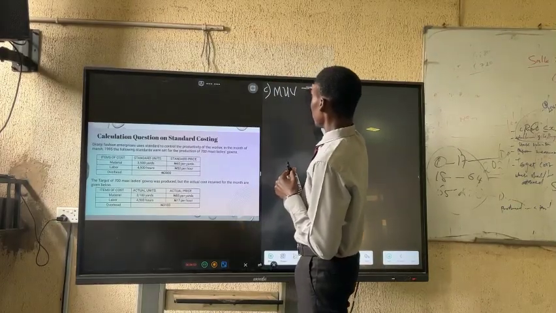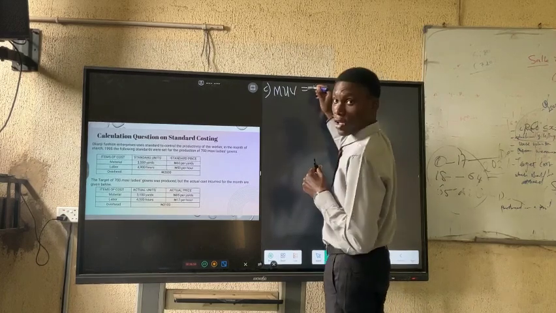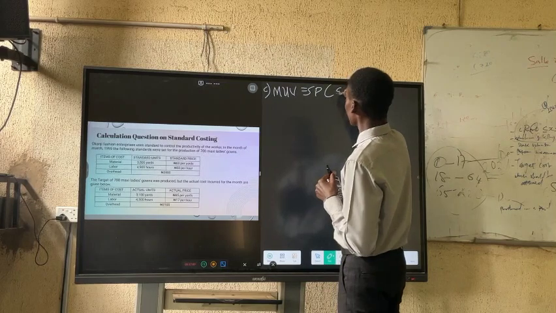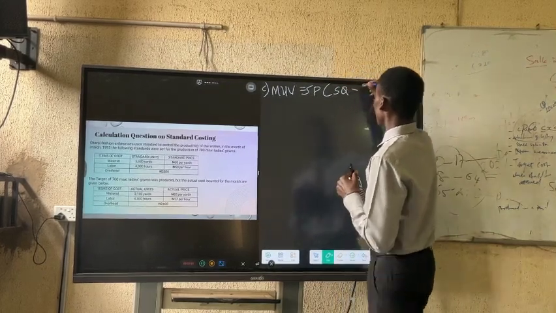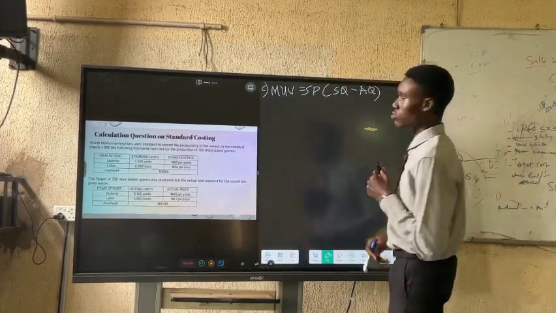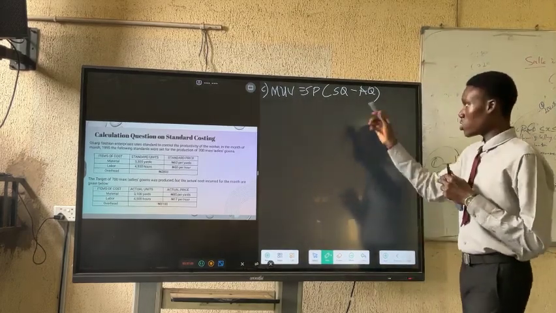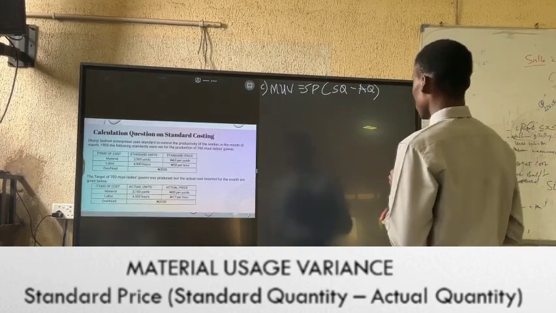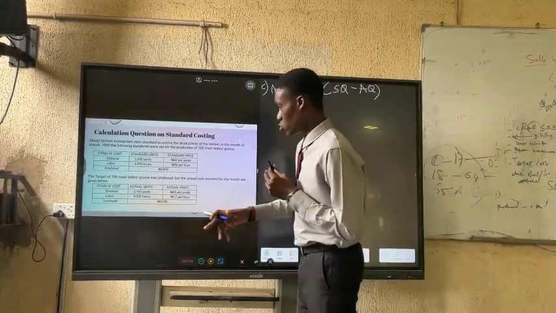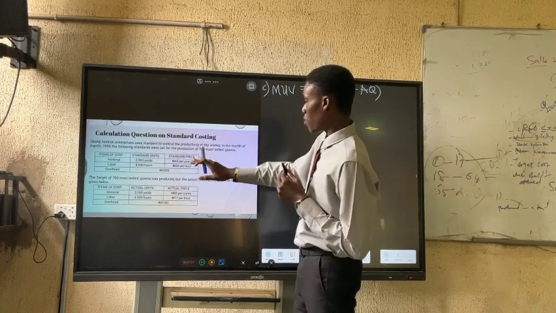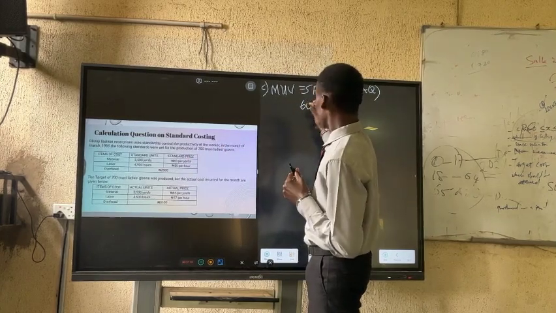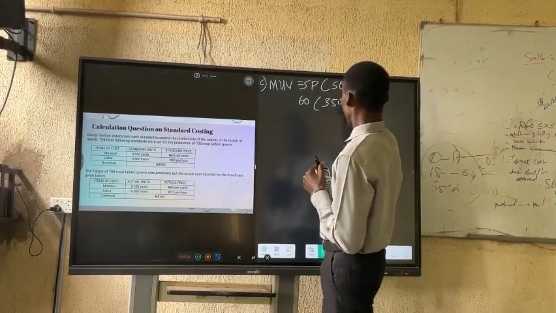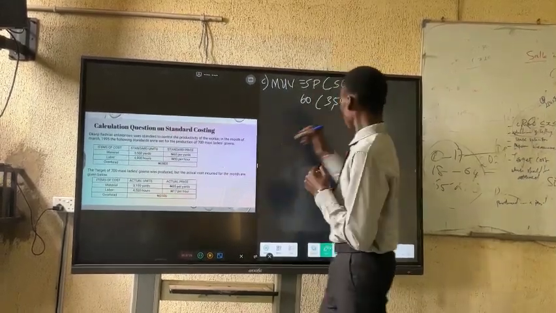Material usage variance. And the formula for this is our standard price into bracket our standard quantity minus our actual quantity. So now let's get the variables. Our standard price for material is 60, into bracket standard quantity 3,500, minus actual quantity 3,100.